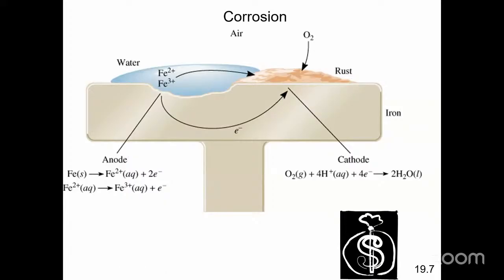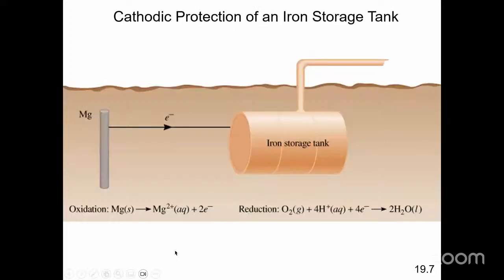Now, if you have a tank made up of iron and you want to preserve it, you can do that by attaching it to what is called a sacrificial metal, right? And in this case, the metal would be magnesium.